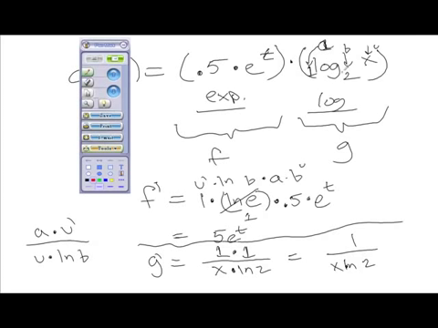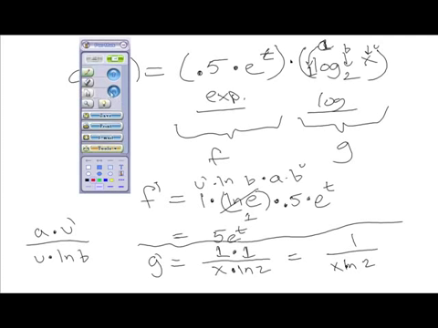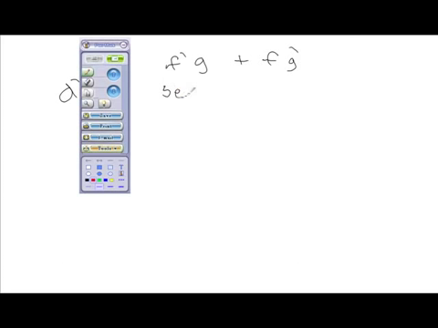Now I can just plug it into my formula. D prime of t is equal to f prime g plus f g prime. F prime, we said, was 0.5e to the t, times g.